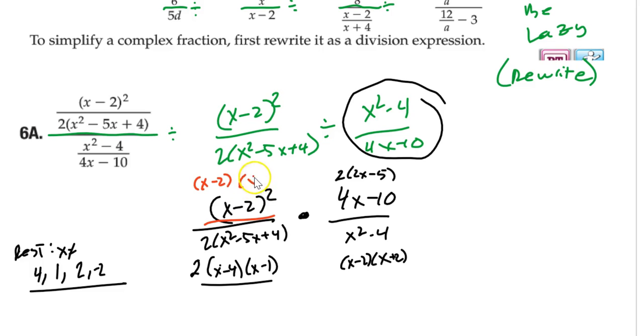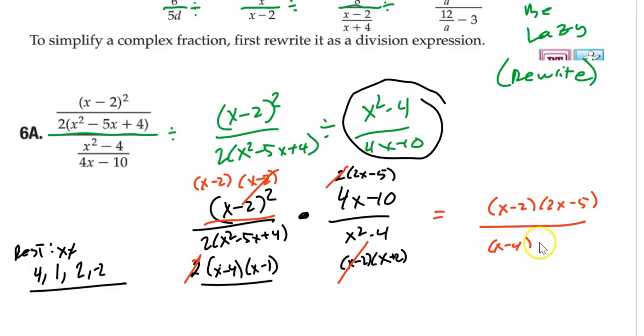There's 2 of them there, and one of them gets to cancel out. The 2's cancel out. And that is about it. I'm left with (x minus 2)(2x minus 5) over (x minus 4)(x minus 1)(x plus 2). And there you go. That's how you do it. Let's look at a couple more, and then we're done.